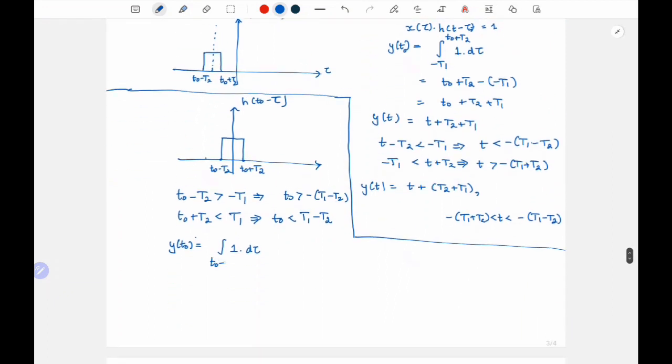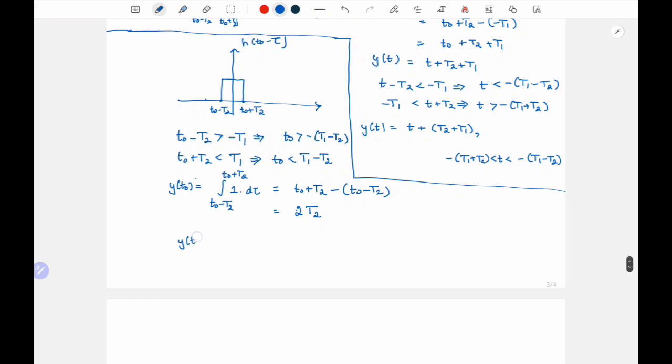So it is t naught minus t2 to t naught plus t2, which is nothing but t naught plus t2 minus of t naught minus t2, which will give me 2 t naught, or t naught gets cancelled, which will just give me 2t2. Okay. And so y of t is equal to 2t2 for t greater than minus t1 minus t2 and less than t1 minus t2.